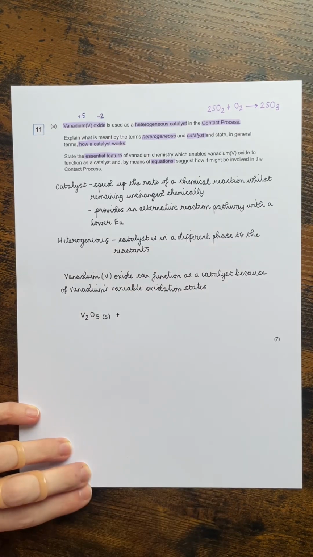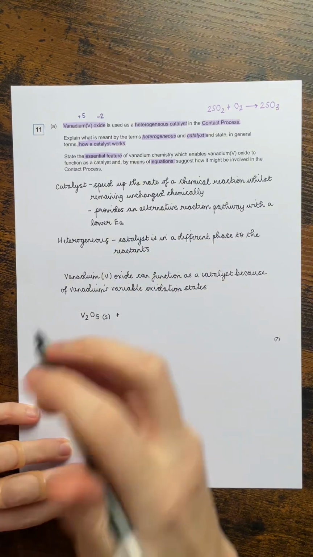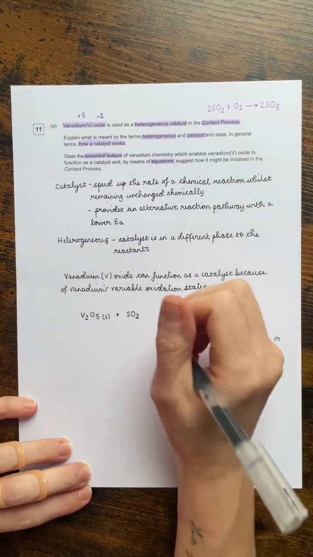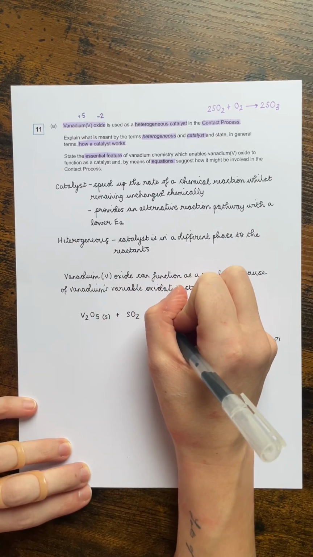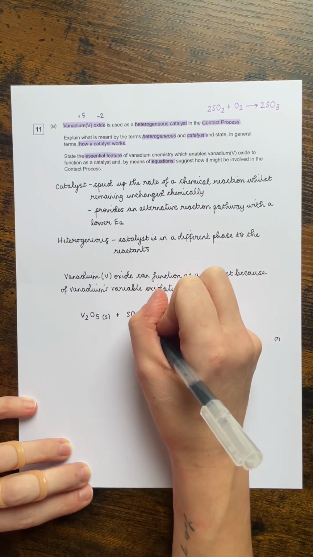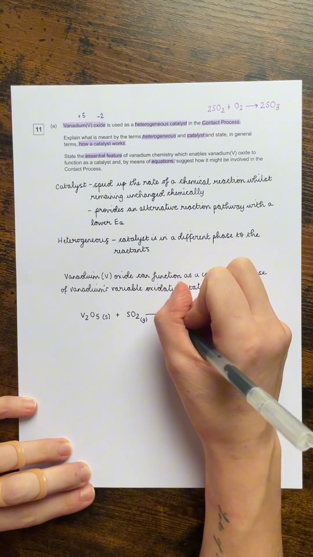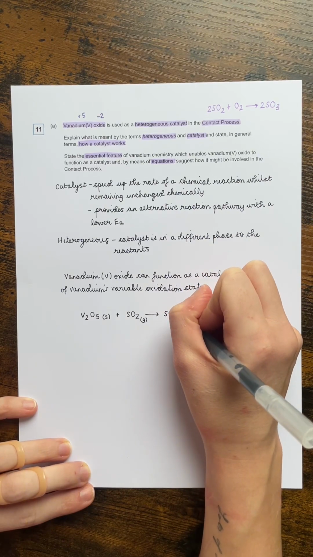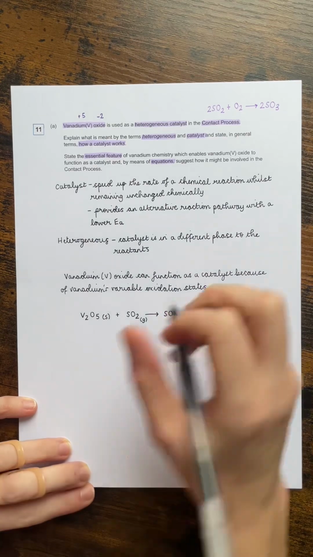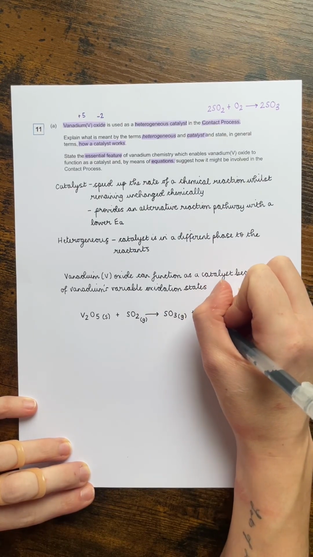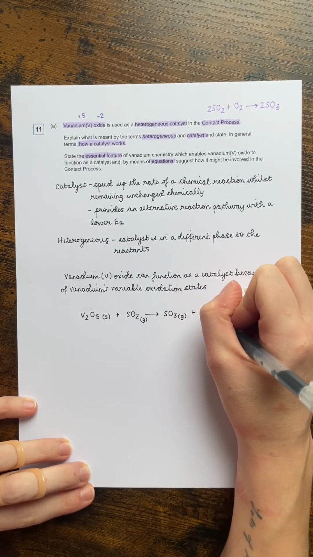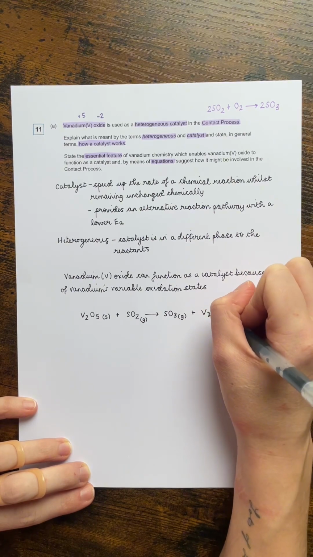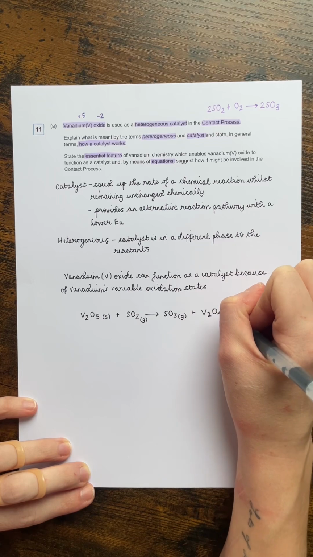And we would first of all be adding that to the SO2, that's a gas. That will then give me SO3, so the vanadium(V) oxide provides an oxygen to the SO2 to make it into SO3, and then the oxidation state of vanadium therefore drops down to +4.